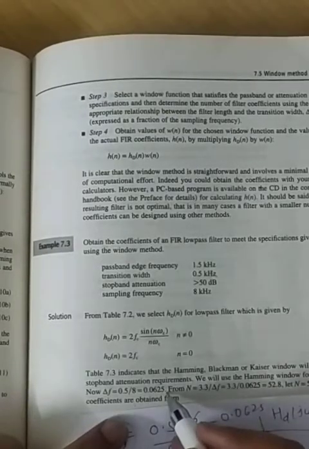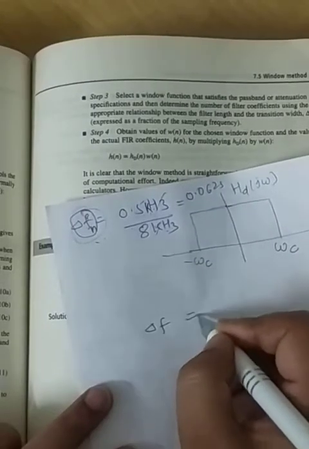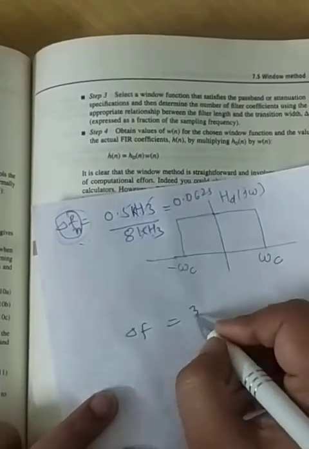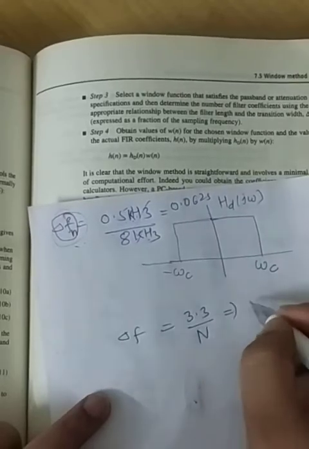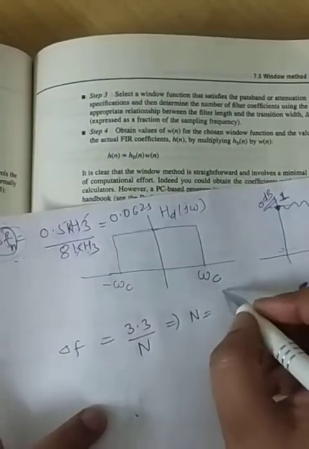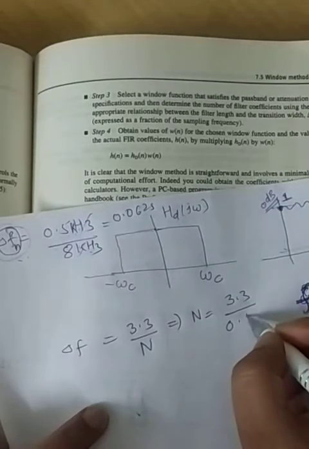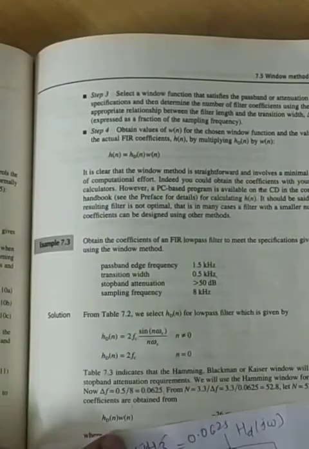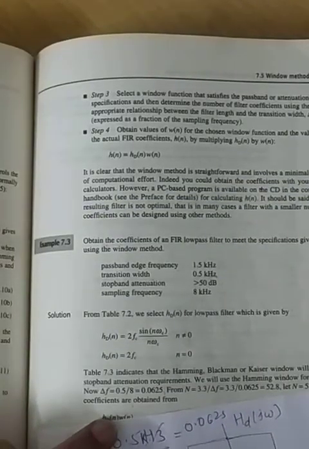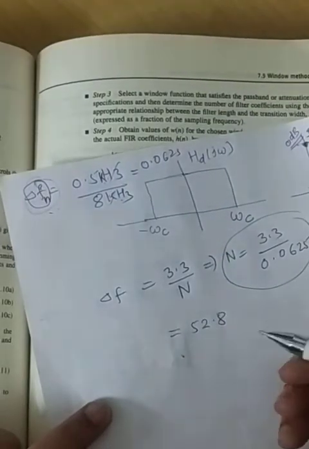Now, the normalized transition width in the case of a Hamming window is 3.3 divided by N. So from this you can find the value of N, that will be 3.3 divided by 0.0625. After simplification, the value of N that you obtain is 52.8.